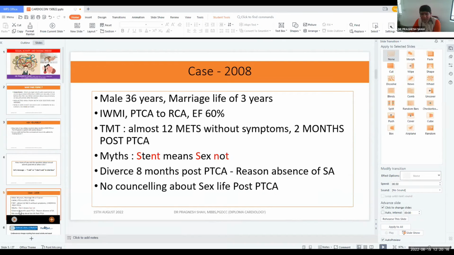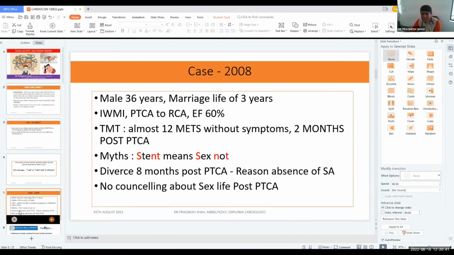This is a case from almost 12 to 14 years ago. A male of 36 years, with married life, had an inferior MI and PTCA was done. His ejection fraction is 60%. TMT is almost 12 minutes without symptoms 2 months post PTCA.